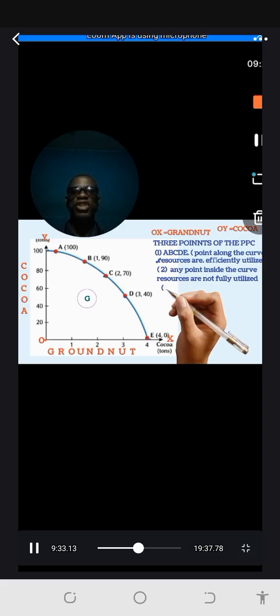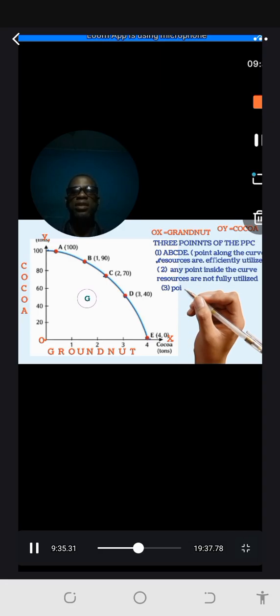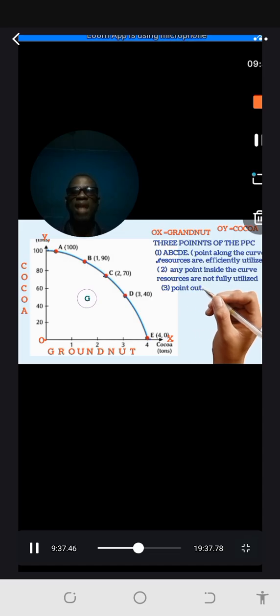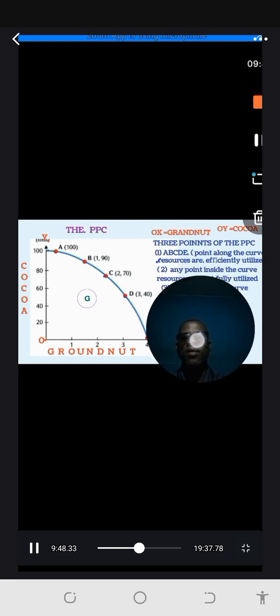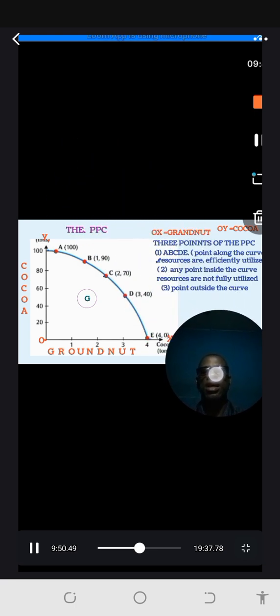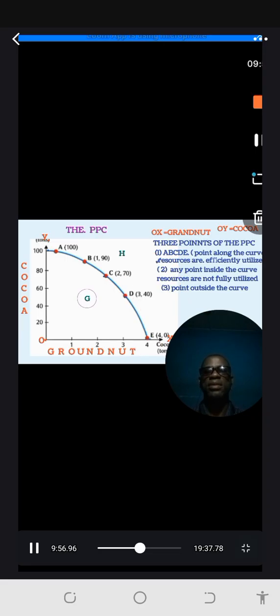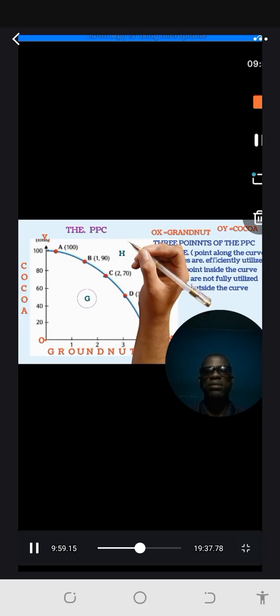That is point G. Then we take another point outside the production possibility curve, say point H. Point H, this point I'm circling, is the point outside the production possibility curve.